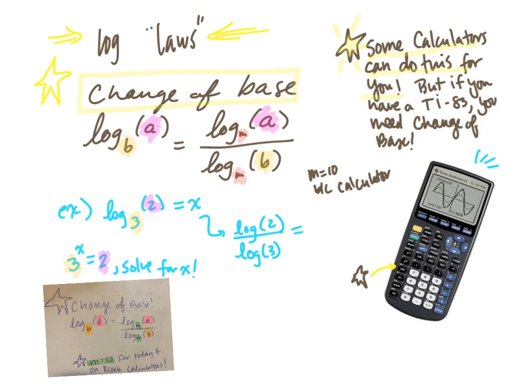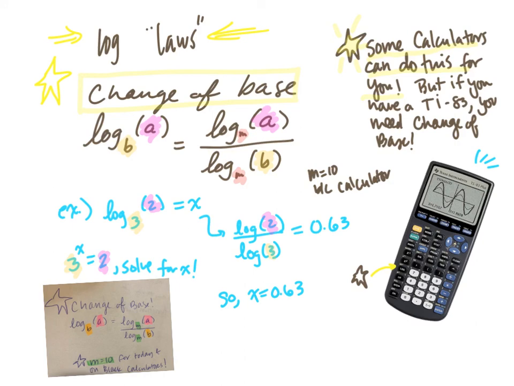I'm sorry about that, but we're doing the best we can with what we got. Okay, so the outcome equals, and it needs to be smaller, 0.63. So x equals 0.63.